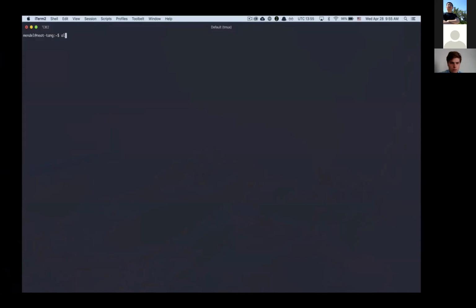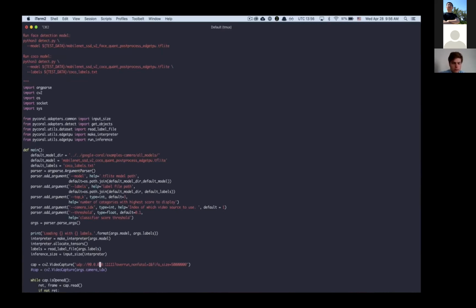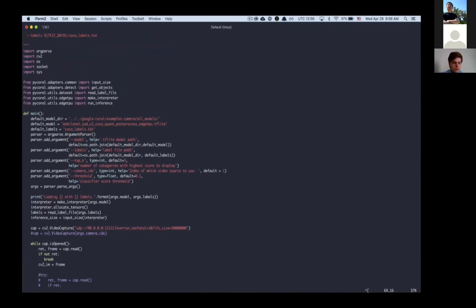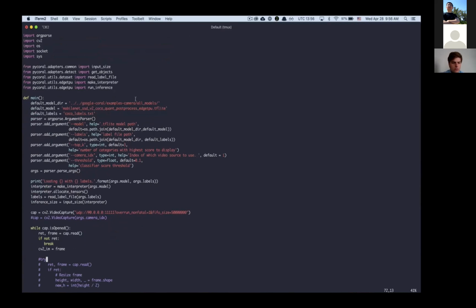The camera was just to establish a baseline to see how the TPU works before continuing on with the drone. So the first few weeks were setting up the environment and doing some baseline like you saw with the camera.